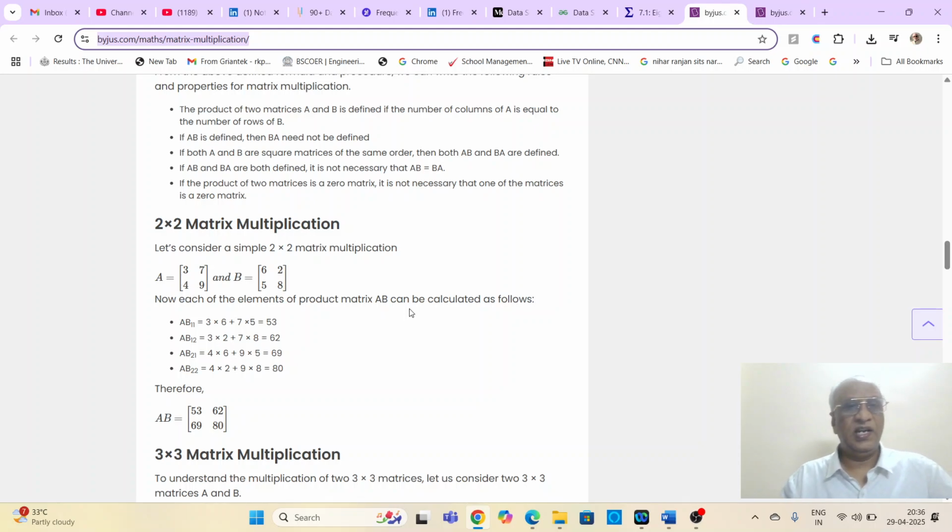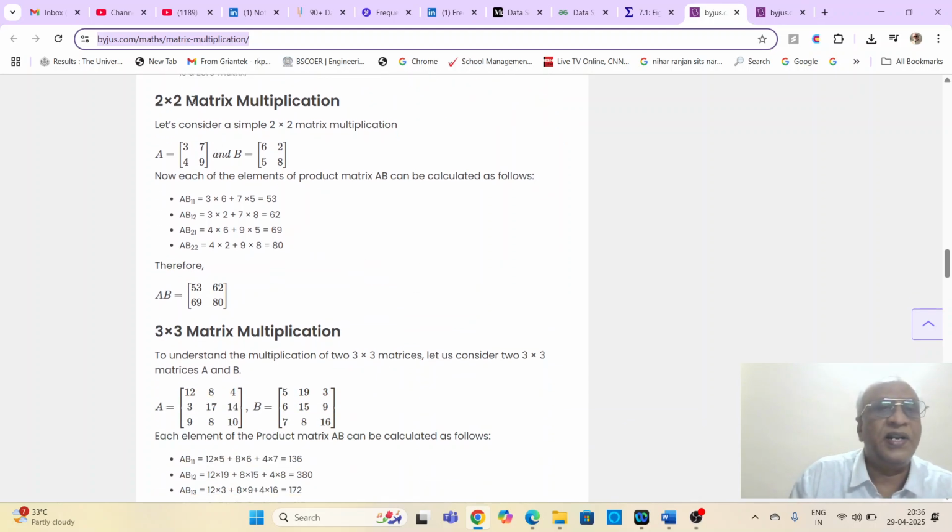We'll directly dig into the example for matrix multiplication. This is my 2 by 2 matrix. This is matrix A and this is matrix B. How do I multiply it? I take the first element: 3 into 6 plus 7 into 5 will be 53, the value of AB11.